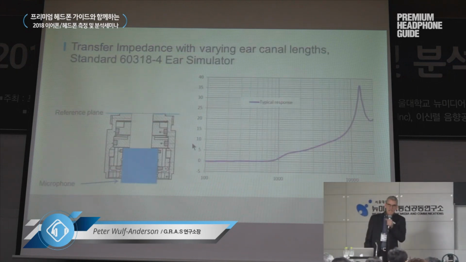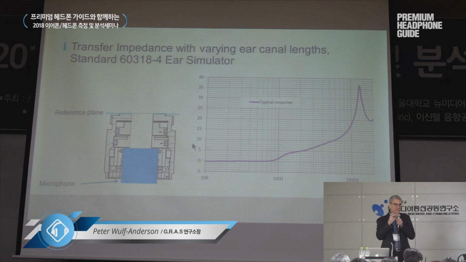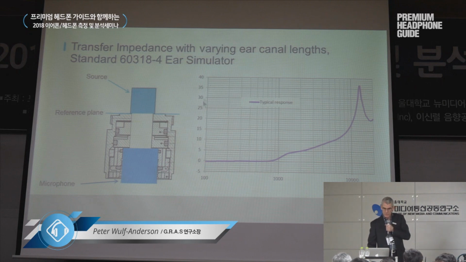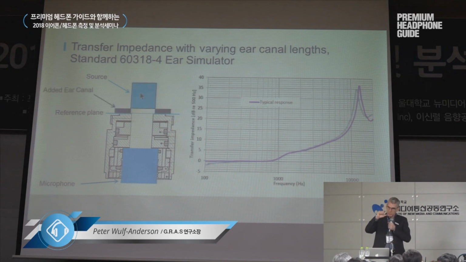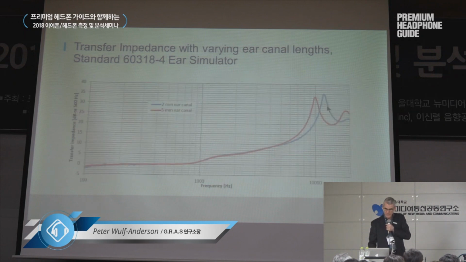So just to understand how sensitive this extra ear canal length is, we did a test where we moved the sound source. We have a sound source here, and we just moved it away in different steps. So just taking it away 2 millimeters will change the resonance, like you can see over here. And if we start adding more length to the ear canal, we get a picture that looks a little bit like this.